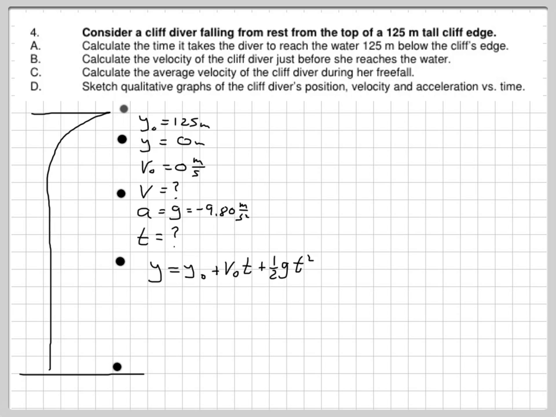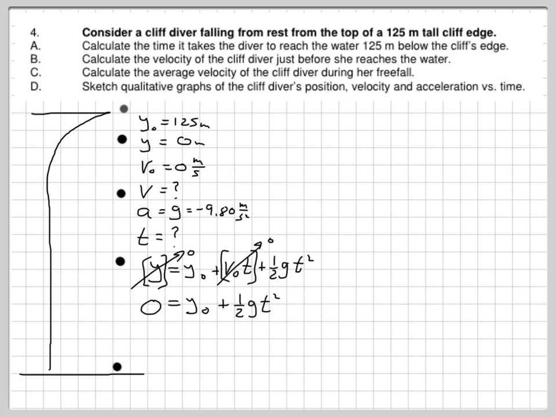And then I'm going to cross out things that I know are 0, like V naught, the initial velocity is 0, so that whole term goes to 0. And Y final is 0, so that whole term goes to 0. So what I'm left with is the initial height plus the half GT squared term.